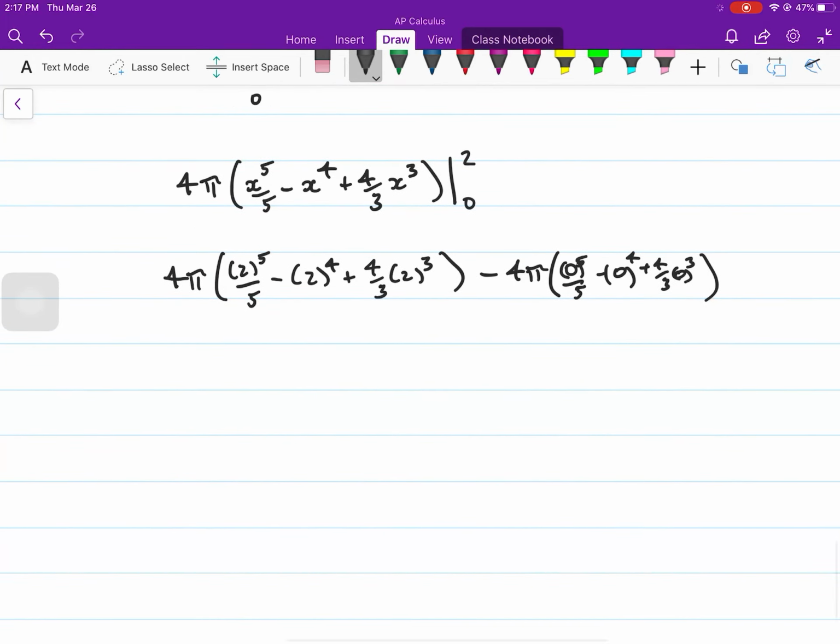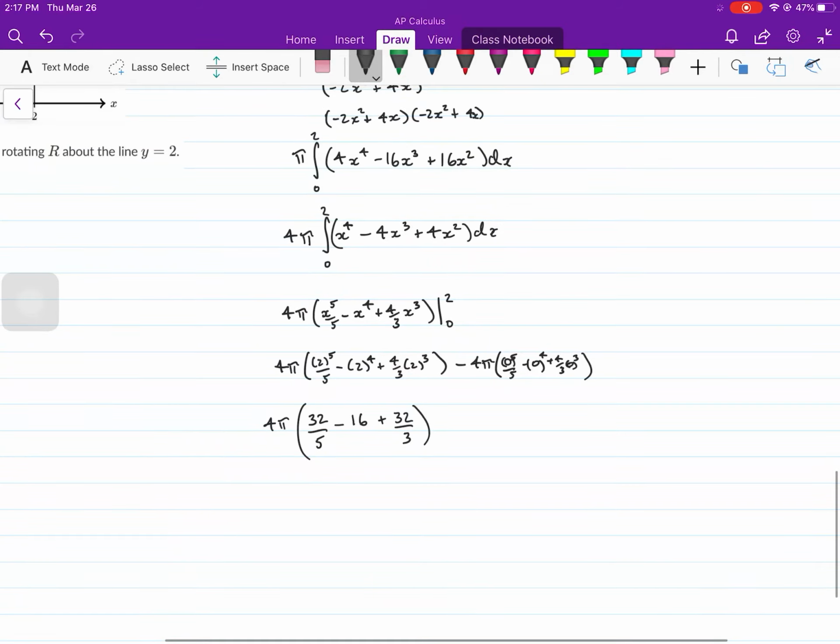Which fortunately just zeroes out. And then we have 2 to the 5th, that's going to be 32 over 5. Minus 2 to the 4th is 16. 2 to the 3rd is 8 times 4 is 32 over 3.